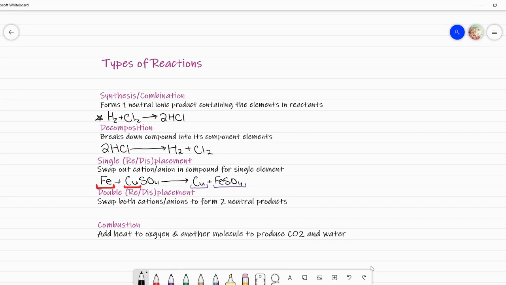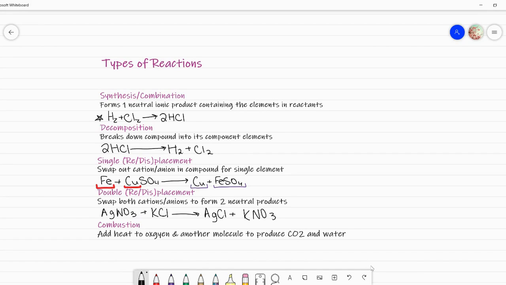So for double replacement, we're now going to swap out both cations or anions to form two neutral products. So let's just say we had silver nitrate plus potassium chloride. That would form silver chloride plus potassium nitrate.